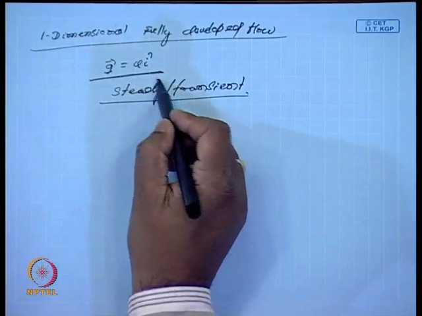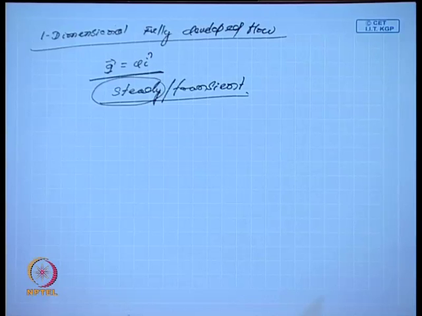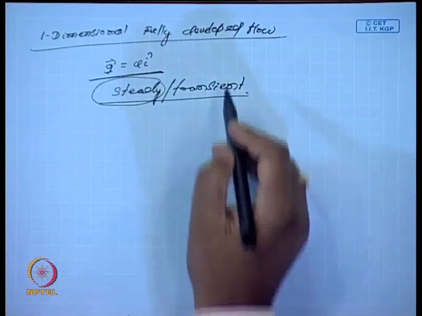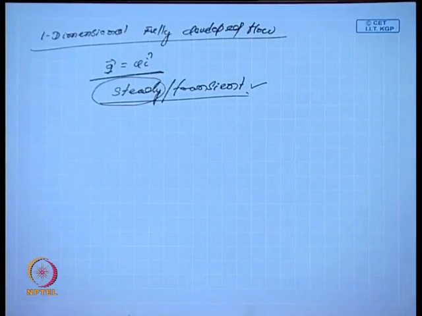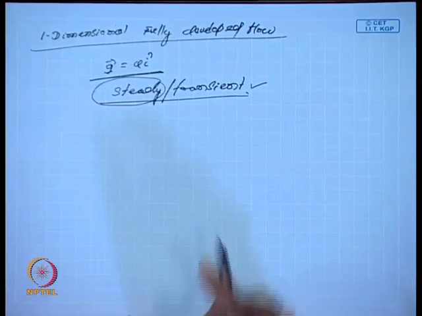In the case of steady flow we have no initial data because it is independent of time, so only the wall boundary condition has to be prescribed. On the other hand, in case of a transient flow we need to prescribe the initial values at time t equal to 0, what happens to the flow, in addition to the wall boundary conditions.